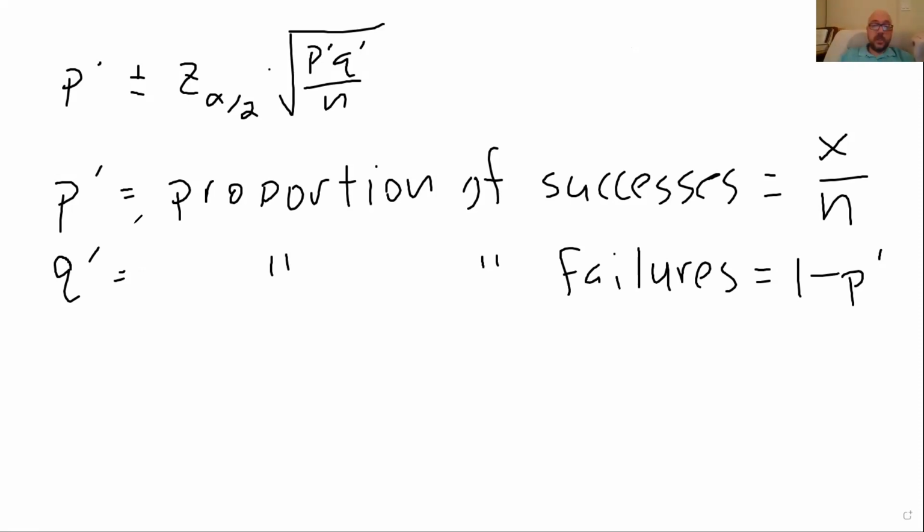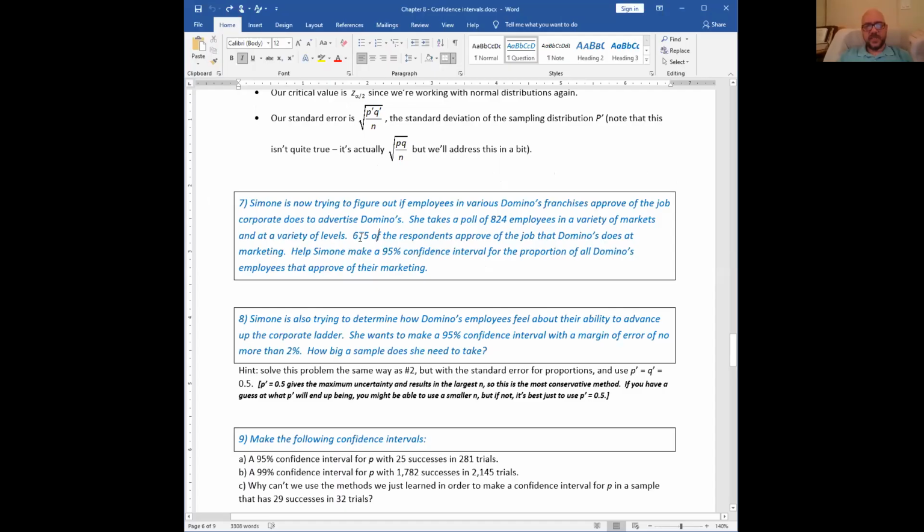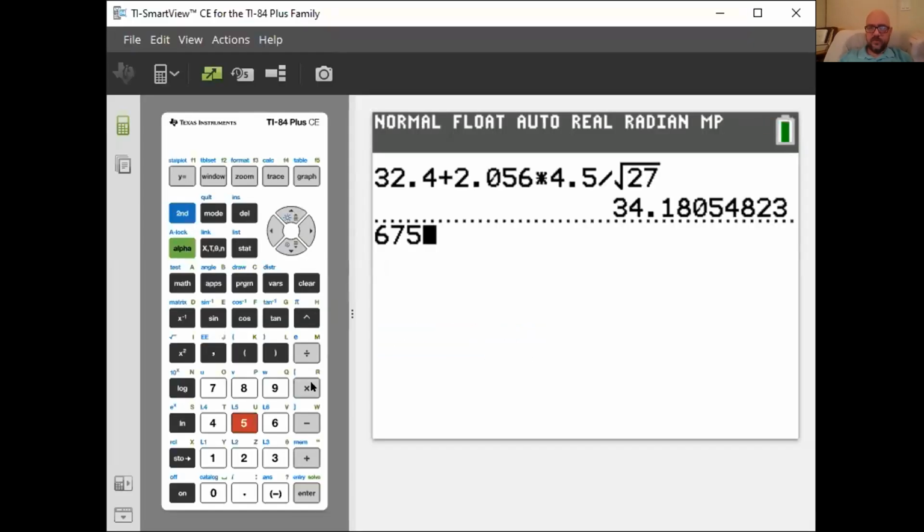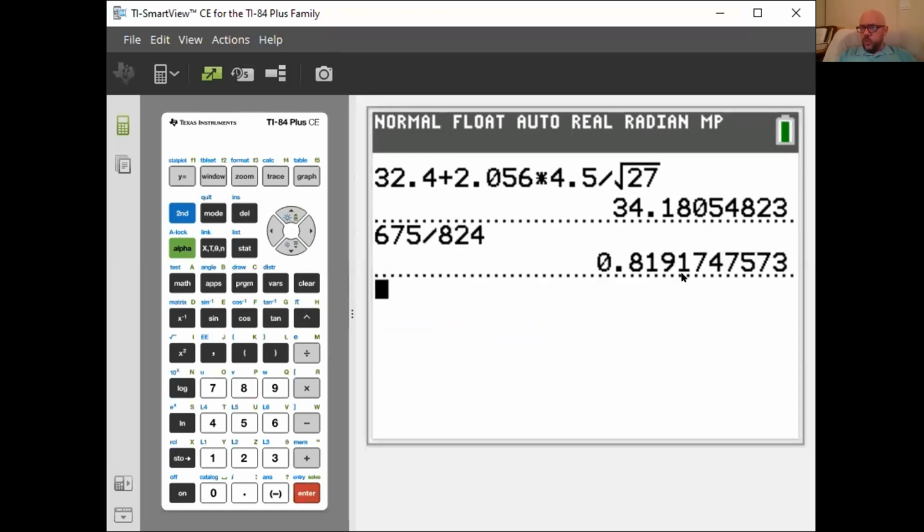So let's find those. So we said this was 675 out of 824. I don't remember the numbers. Let me go back. Yeah, I did remember the numbers. 675 out of 824. Okay. So let's figure out what proportion that is. 675 divided by 824 is 0.8192, let's say.